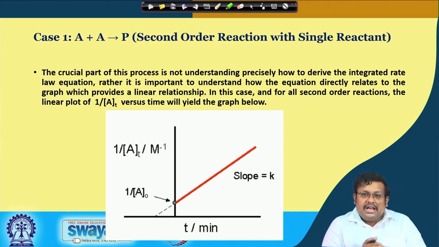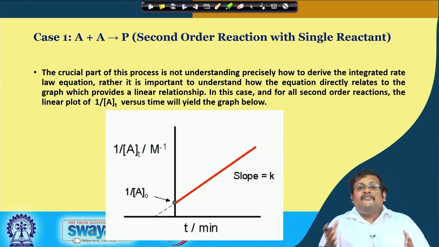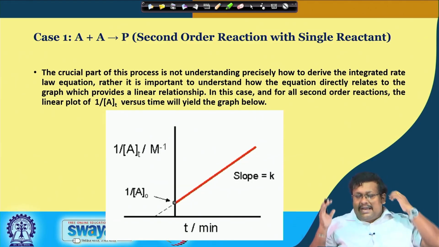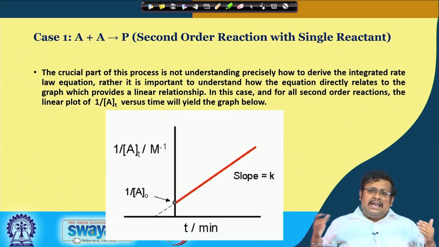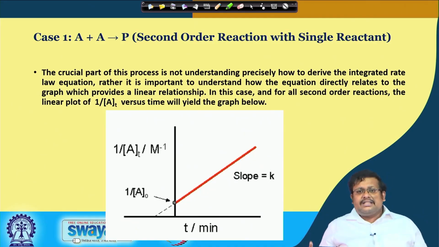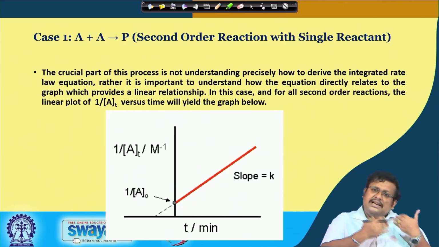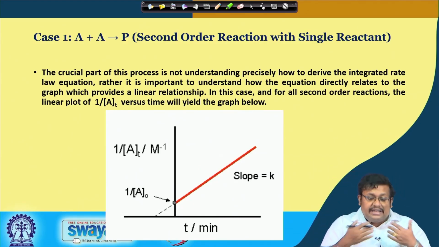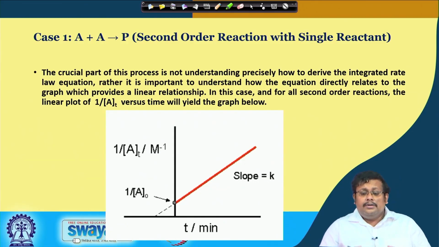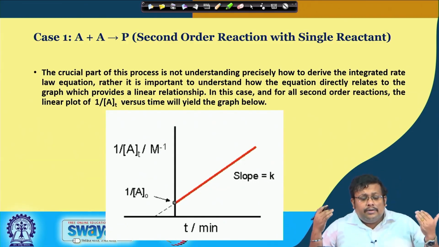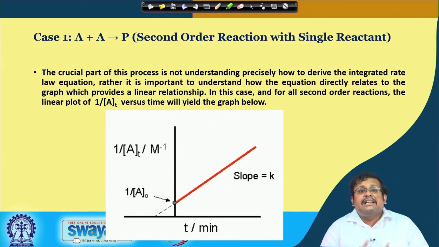That is important, because for any empirical chemical reaction, if you plot the data, the graph will give you the understanding of whether it follows a first order, zeroth order or a second order reaction. So, it is very important to understand how the equation directly relates to this linear relationship.